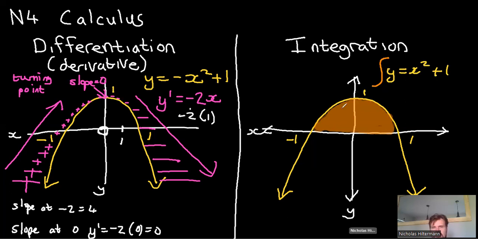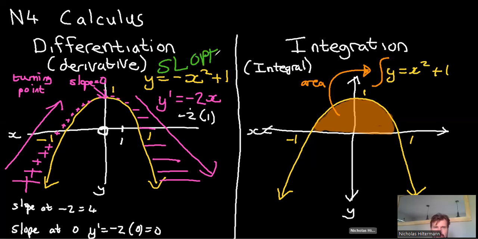So when you see this weird S thing, that's the area. Integration finds the area. For the integral, they just say integrate, or find the integral, and it tells you the area. So the main difference is this one tells you the slope, and this one tells you the area.